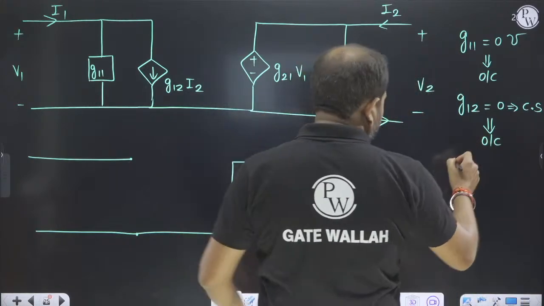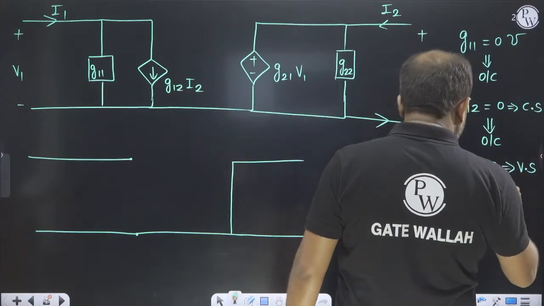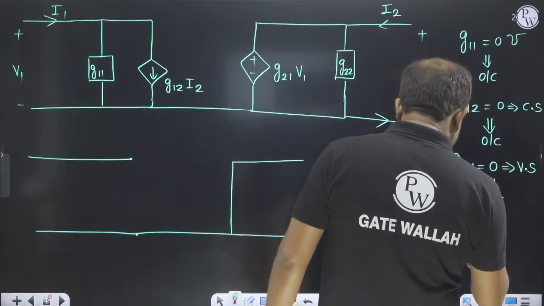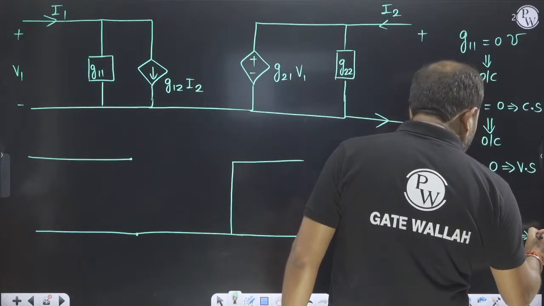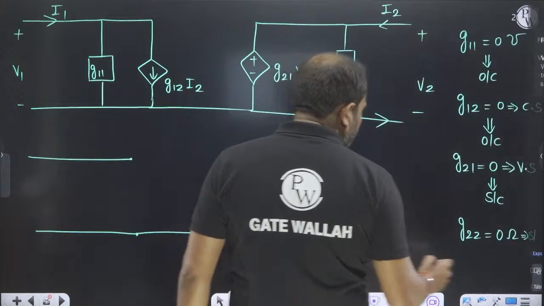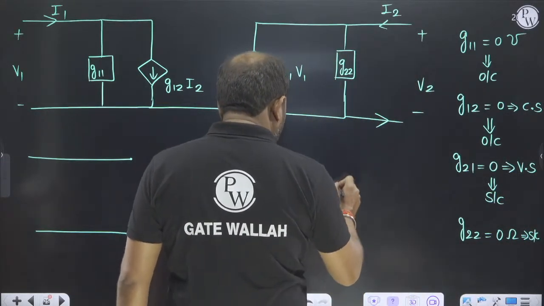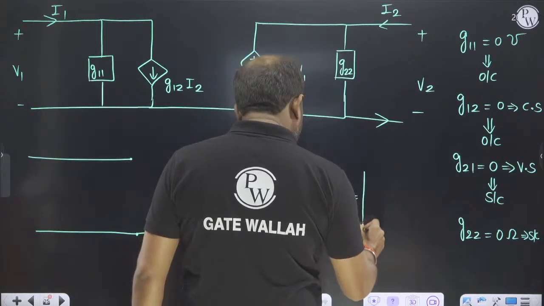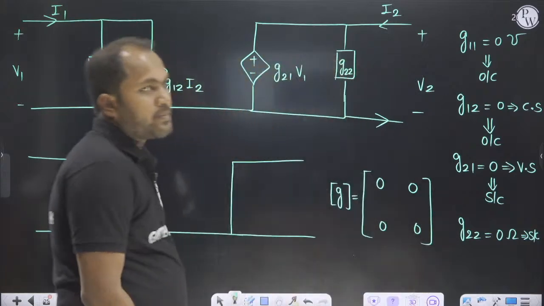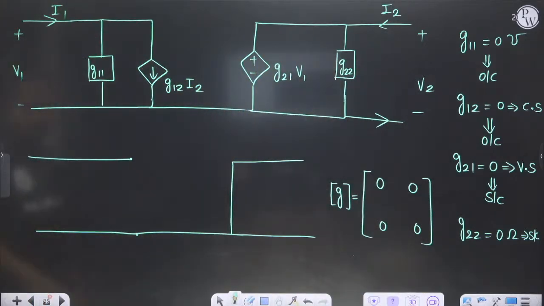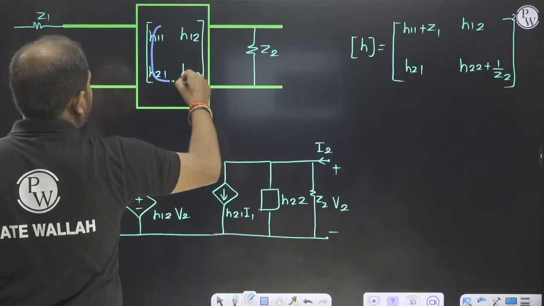Like that, G21 is 0, voltage source, short circuit, and G22 is 0 ohm, short circuit. So for this network, the G parameter will be 0 0 0 0.